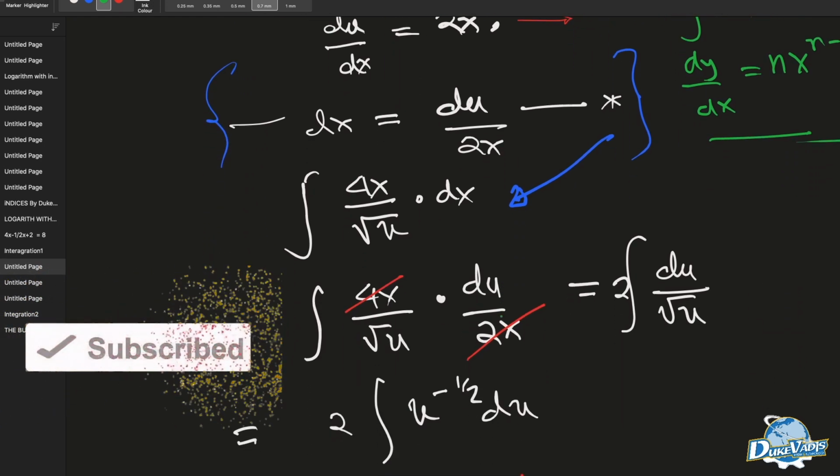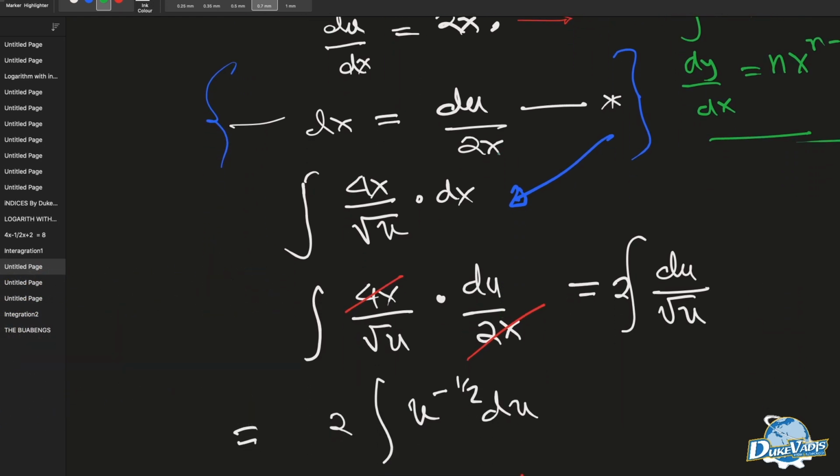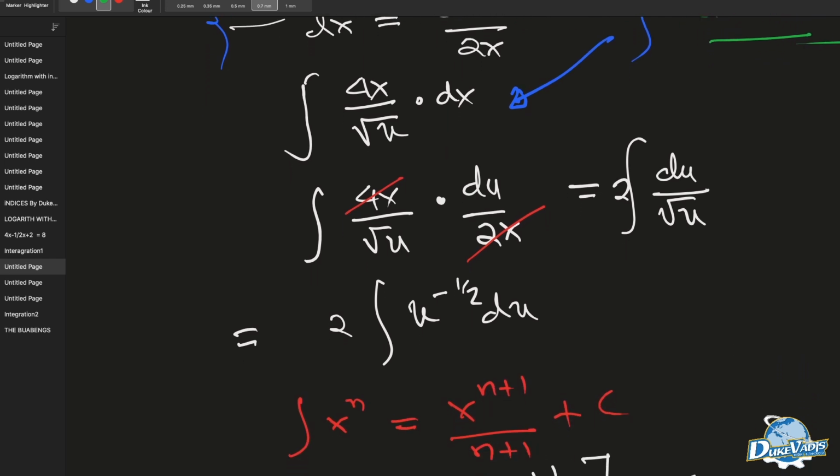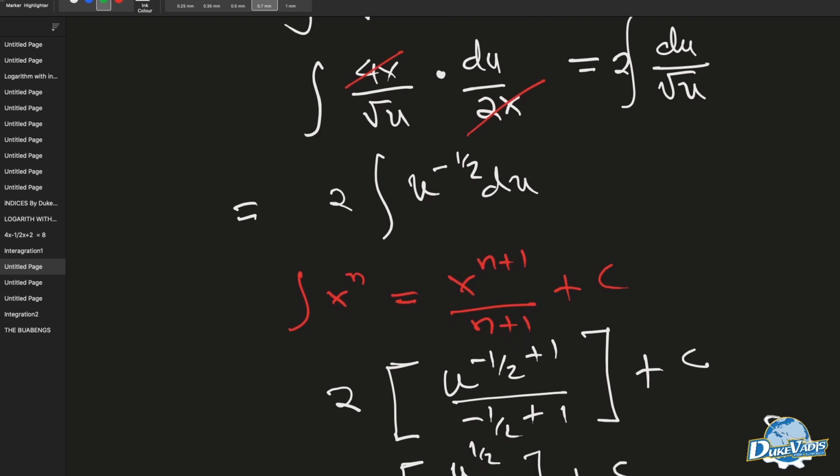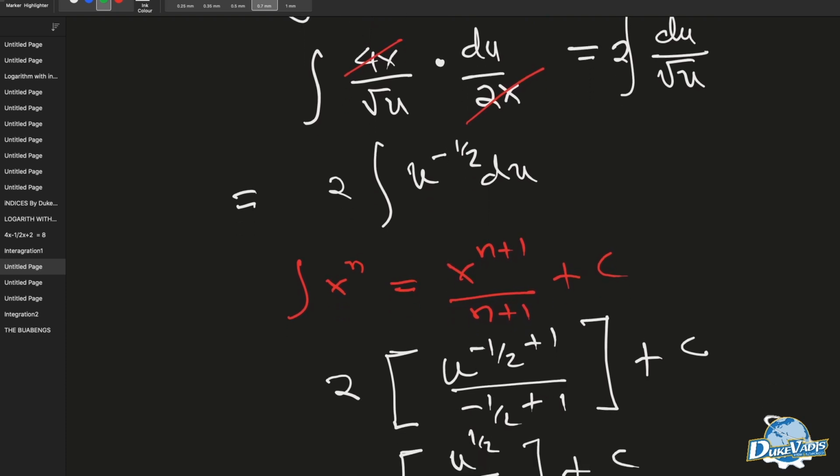Then we substituted this into the equation and did cancellation. It's common. This is not integration, it's common cancellation. Have you seen that we have 4x and a 2x? The x cancels the x, then 2 goes into 4 two times.